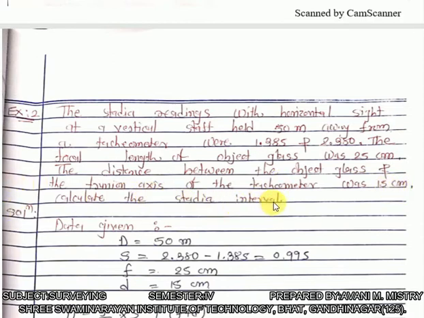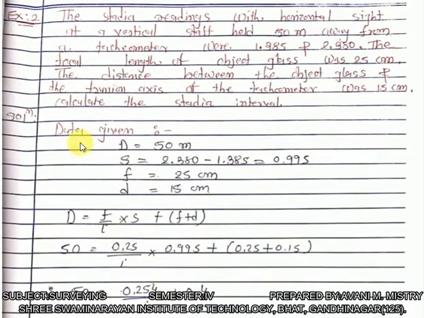Calculate the stadia interval. Capital D is equal to 50 meter, and the upper hair reading is 2.380 and the lower hair reading is 1.385. Here the data given: D is equal to 50, S is equal to upper hair reading minus lower hair reading, and we get the value of S as 0.995. The value of f is 25 centimeter and the value of d is 15 centimeter.